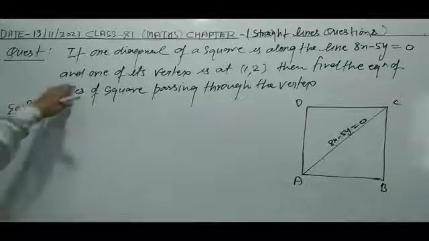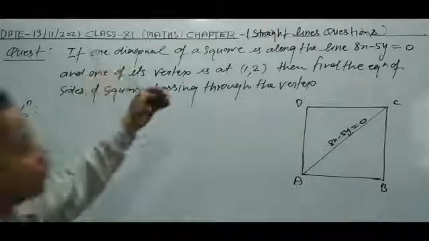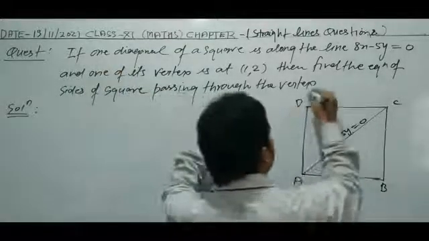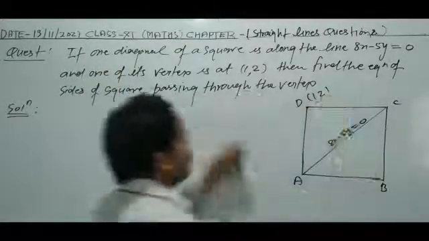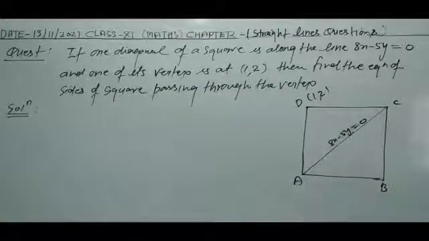And one of its vertex is at (1, 2). हम सपोज कर लेते हैं जो D कोऑर्डिनेट्स है उसका कोऑर्डिनेट्स क्या है (1, 2). One vertex is D and D coordinate is (1, 2).